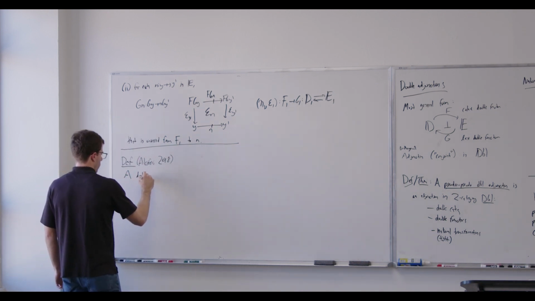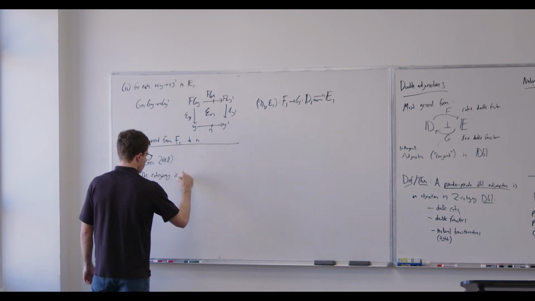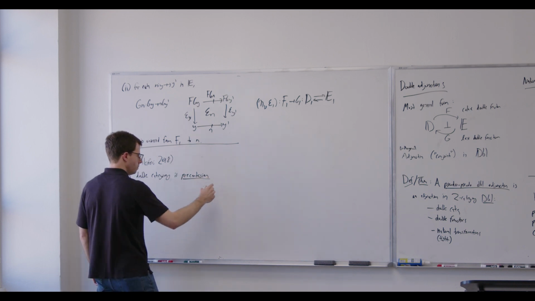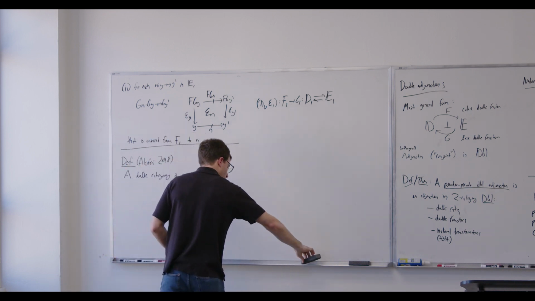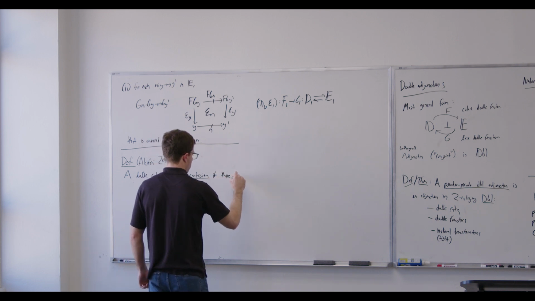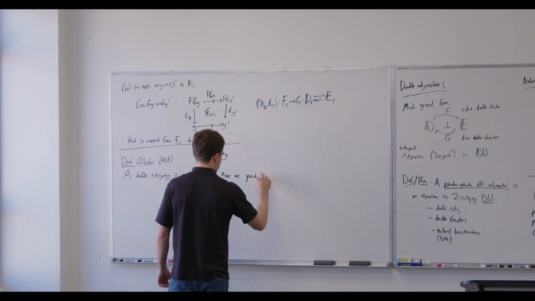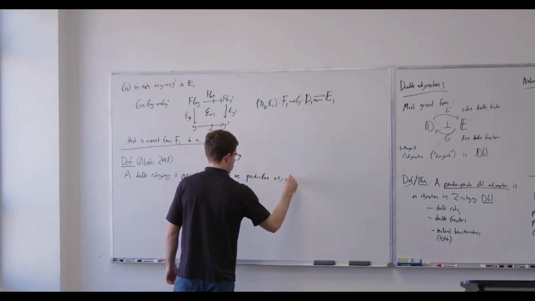A double category is pre-Cartesian if there are pseudo lax adjunctions.